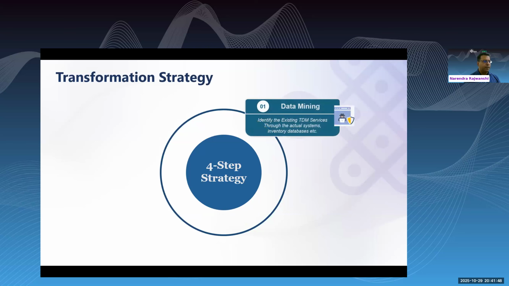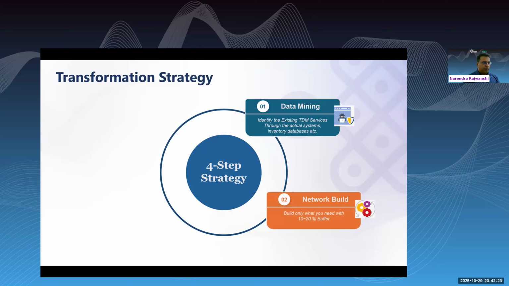So we start with, of course, the data mining from the existing TDM systems, or it could be through the inventory databases, like OSS systems or any other systems which hold the data of all the services that are actually working. So we don't need to replace the exact hardware with the new hardware for all the ports. So we are identifying only the services which need to be brought into the new platform.